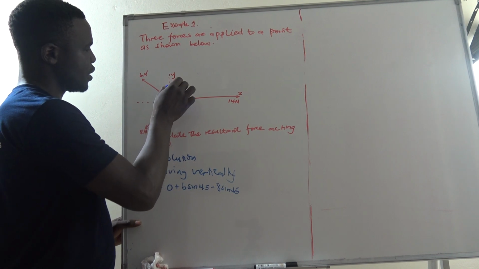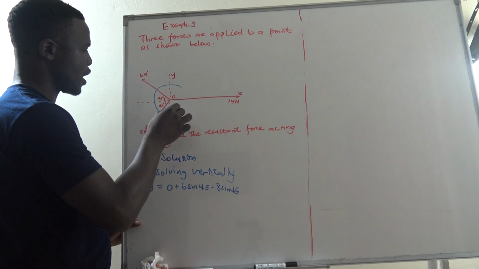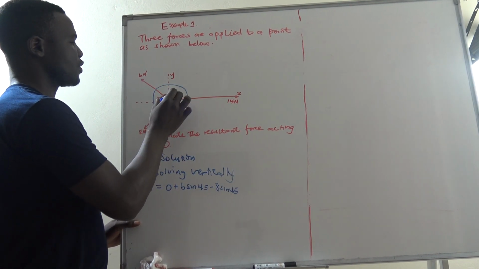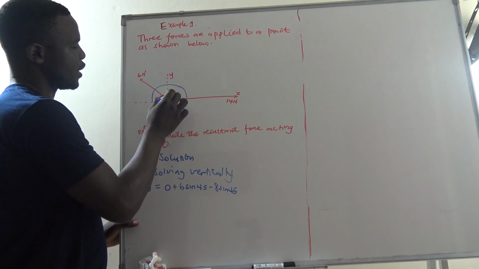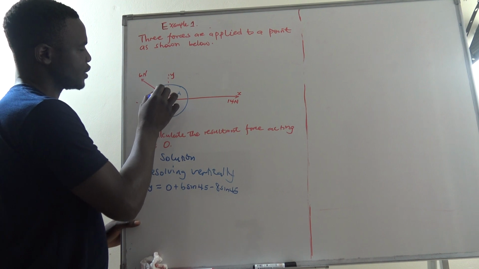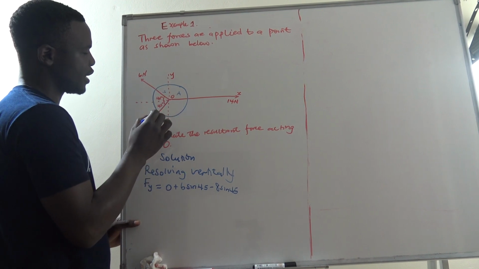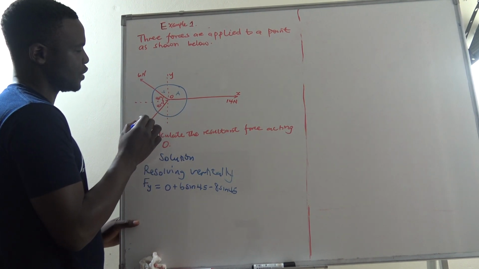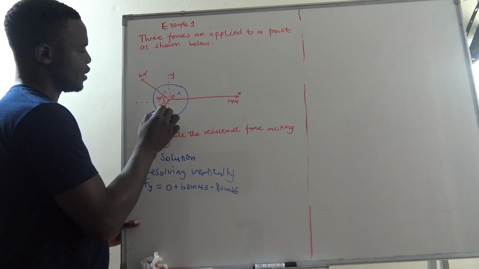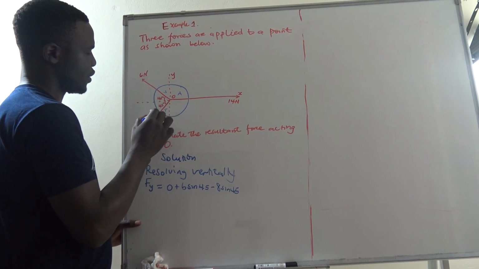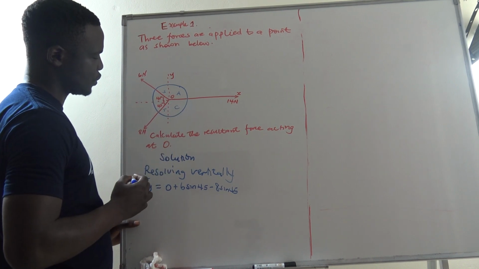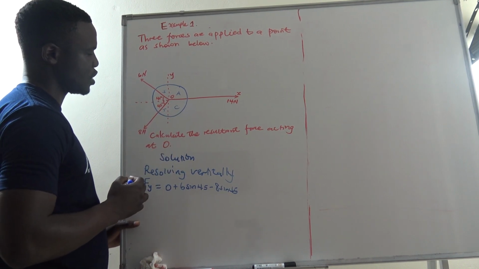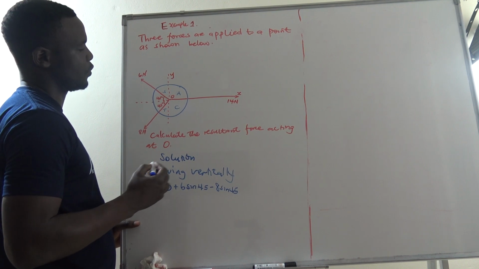If we can remember, and we go back to the quadrants, we say that all the trigonometric ratios are positive in the first quadrant, and then it's only sine that is positive in the second, and then it is tan that is positive in the third, and it is cos that is positive in the fourth quadrant.